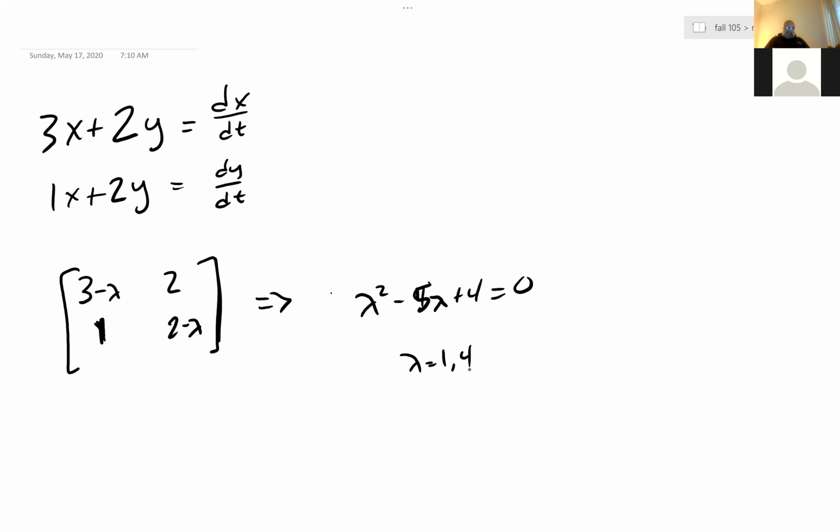Now, what does that mean? Well, it turns out that in differential equations, and if you've not seen this yet, each of our x's and our y's will always be of the format something times e to the r something. And y will be of the same format, except something different. And that's something we'll tackle when we get there. Well, these r's right here are your lambdas.